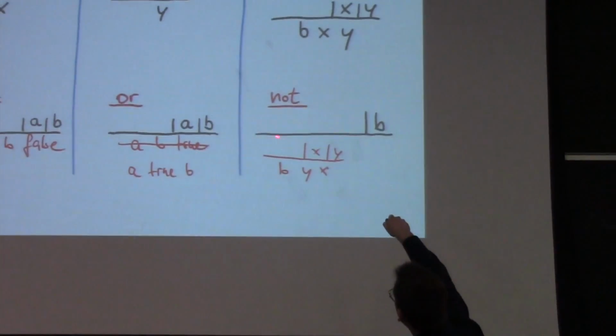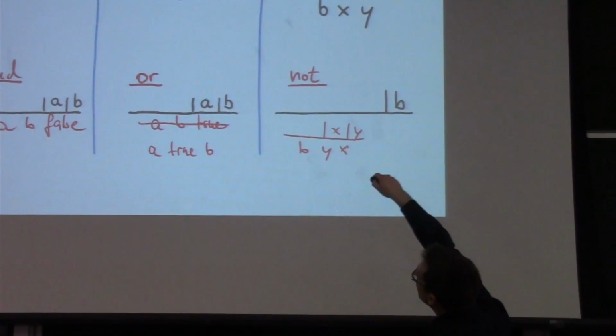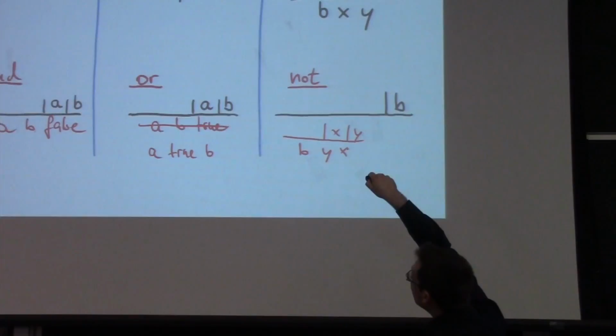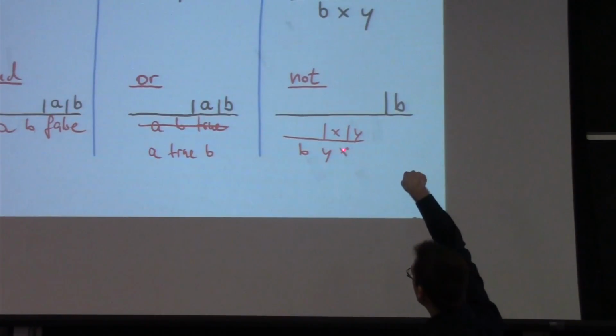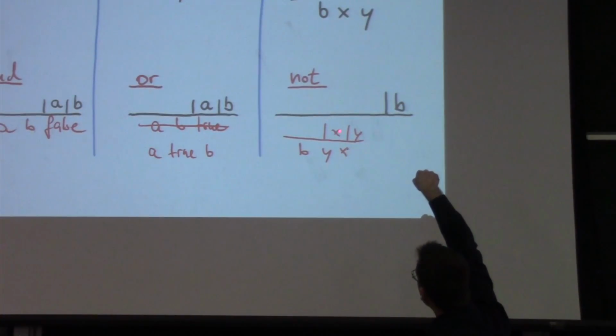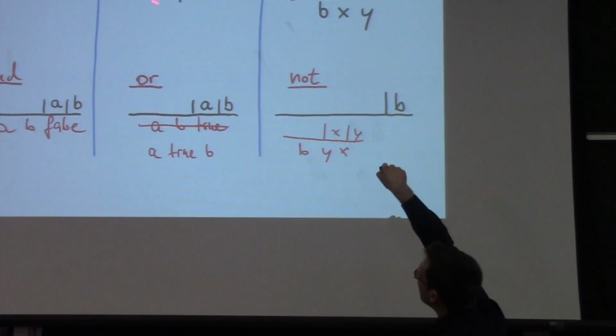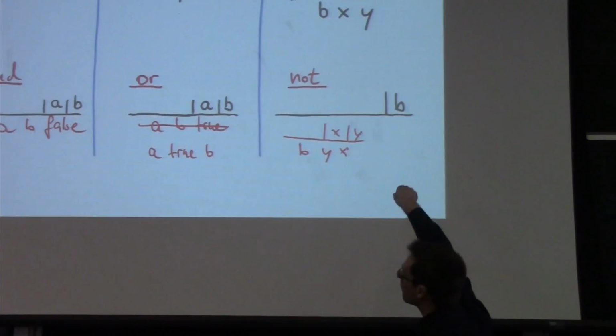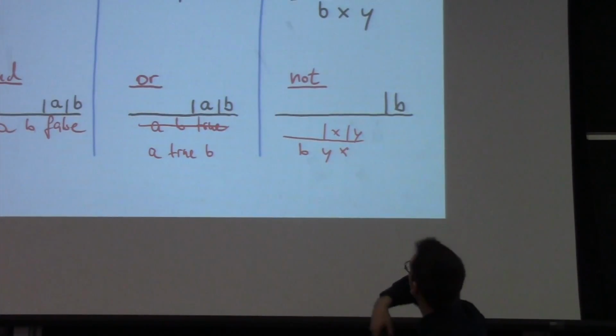And now you can see, if B was true, it's of this form, it eats Y and X, and it returns the first guy, which is a Y. So altogether I get a family that eats an X and a Y, and just returns the Y, which is our false. So if B is true, I get false in the end.